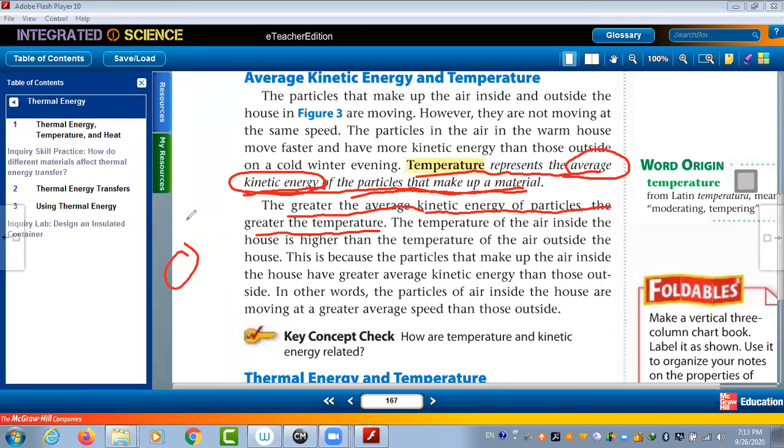If we have material A and material B, and there are particles inside, why does material A read 30 degrees Celsius and material B 20 degrees Celsius? Because the particles in material A have greater kinetic energy. So kinetic energy relates to temperature, or temperature relates to kinetic energy.